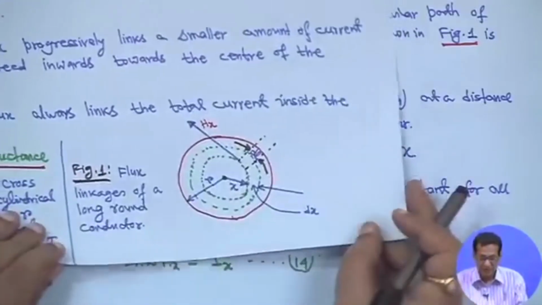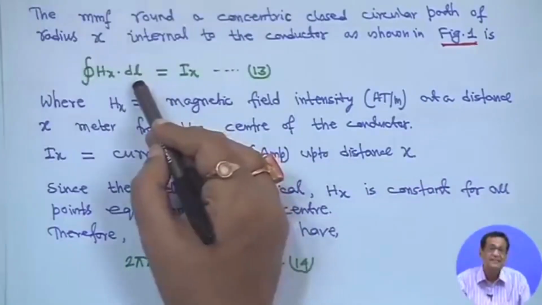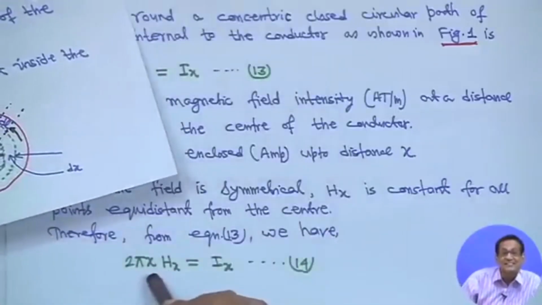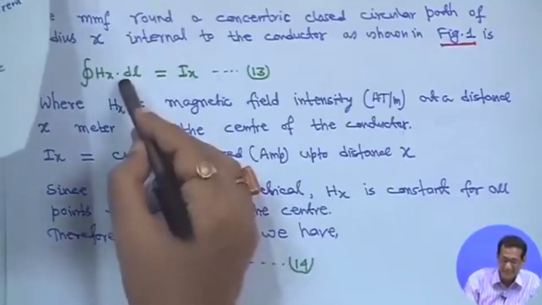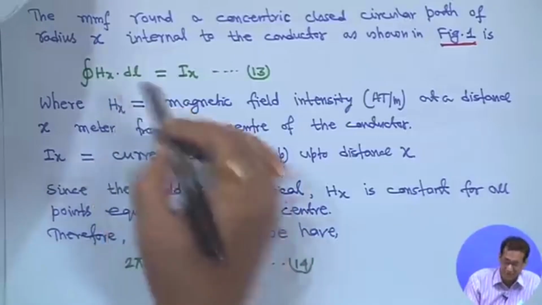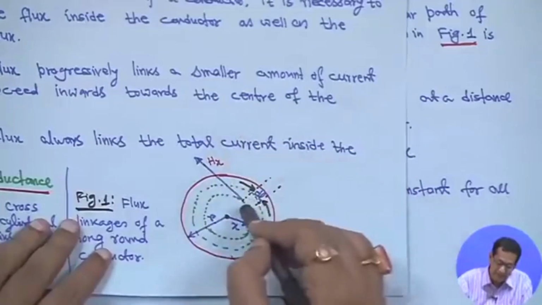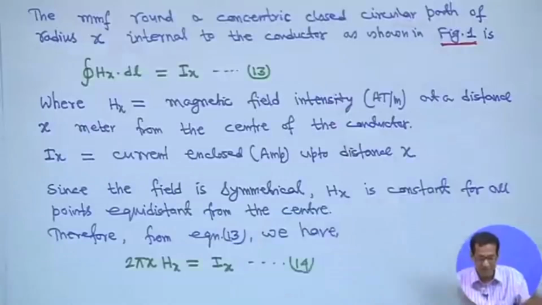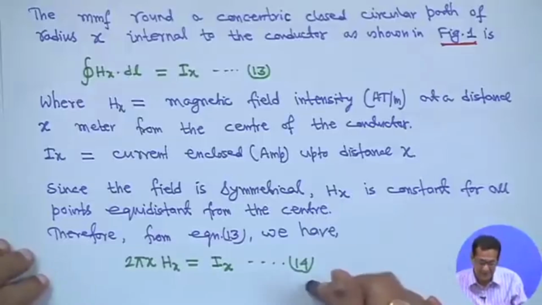So, the integral of dl will be the total circumference, which is 2 pi x, and Hx remains as it is. Taking the loop integral over the total circumference, we get 2 pi x times Hx equals Ix. This is equation 14.